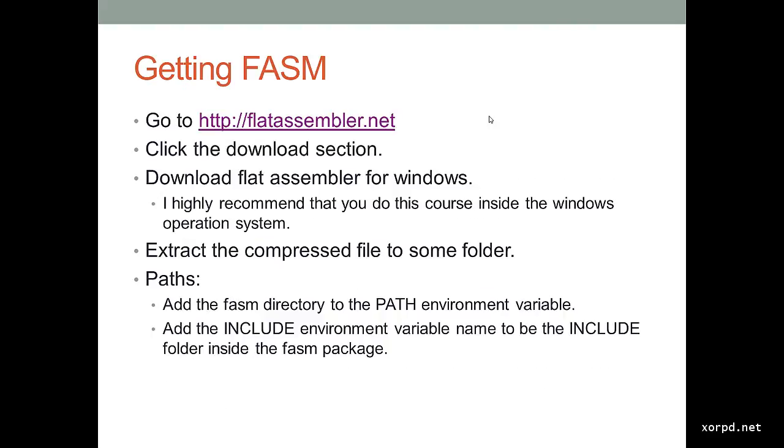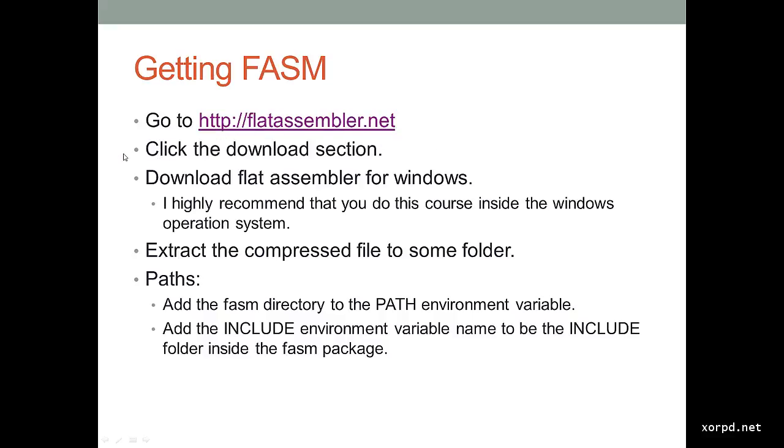About getting fasm. It's pretty easy. You go to this website, flatassembler.net. By the way, you don't have to remember all of what I'm going to say because there is going to be a demonstration about getting fasm and installing it. So basically you have to go to this address where the flat assembler is stored.